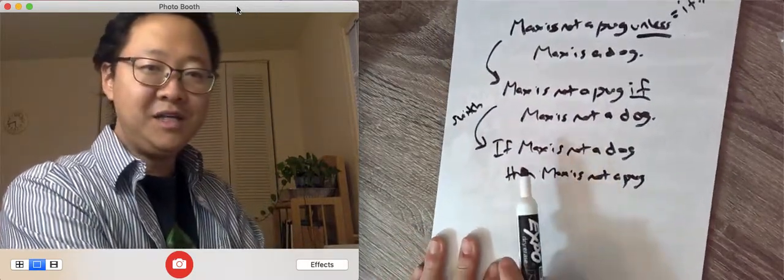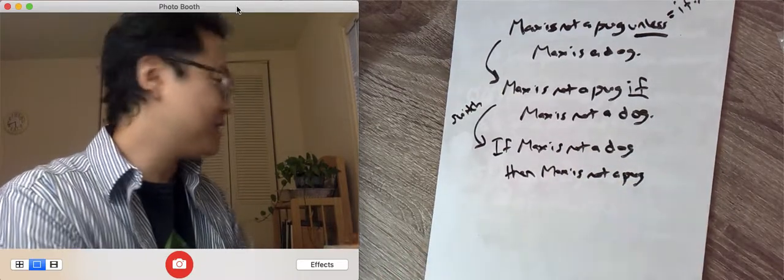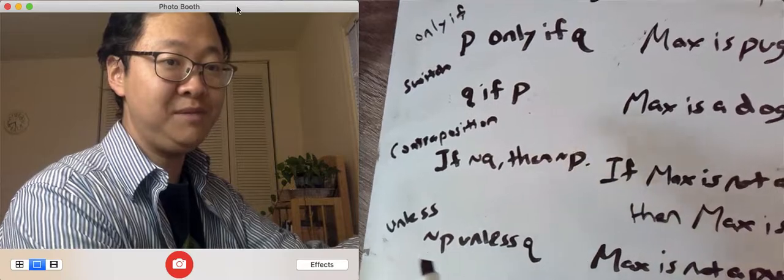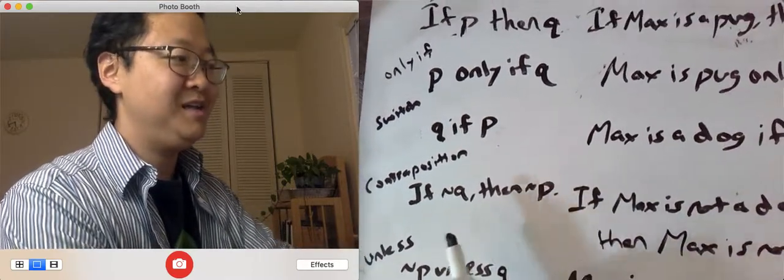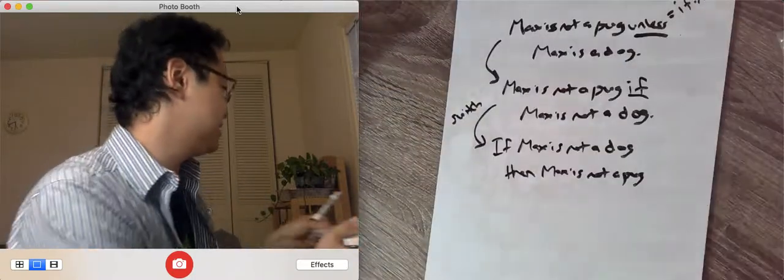Now we got two negations here. If Max is not a dog, then Max is not a pug. What can we use now? Contraposition. We have two negations, so we can switch them and then negate them. But this would be going just the opposite direction, right? So switch them and then take off the negations.